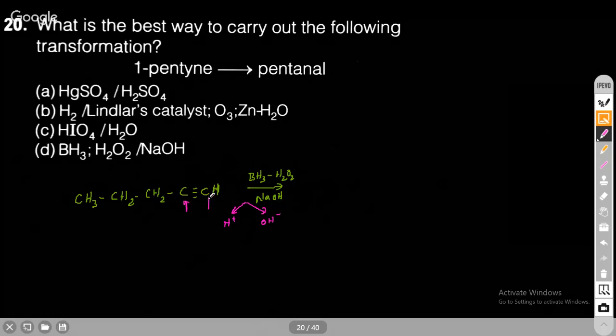So negative part will attach at the carbon which has more number of hydrogen, correct? OH minus will attach over here and H plus will attach on this carbon atom. So the product here it will be CH3CH2CH2CH double bond CHOH.